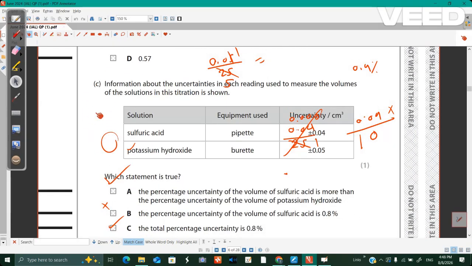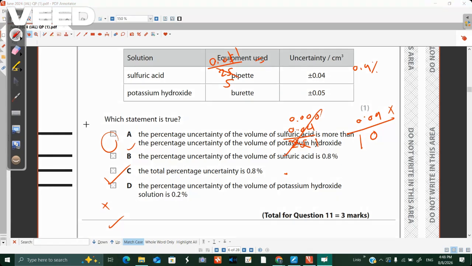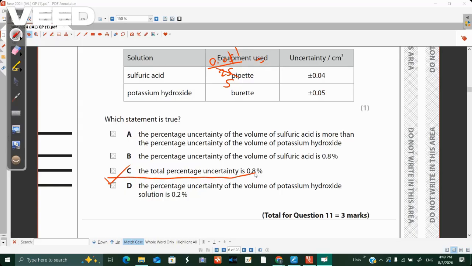So for acid, okay, yeah. So total percentage uncertainty is 0.08. Yeah. So they are asking about the total percentage uncertainty. Yes. This one is correct, right? Yeah, because when you add the uncertainties, it is 0.08.